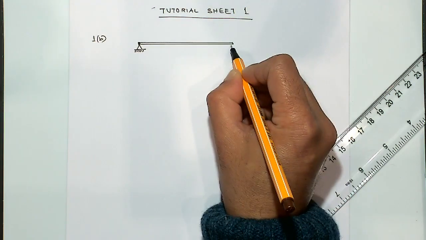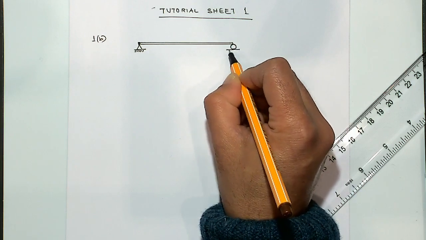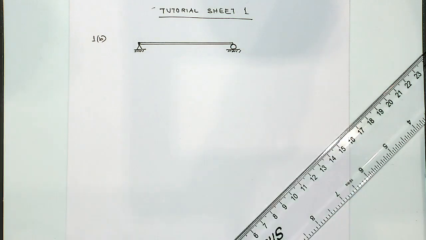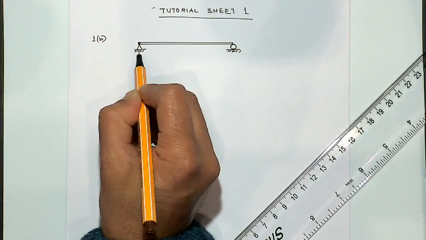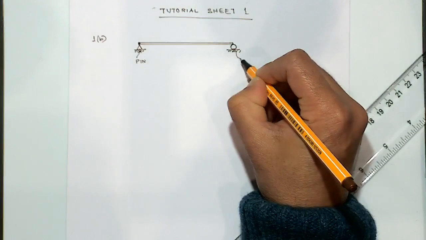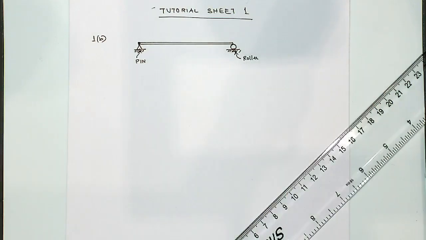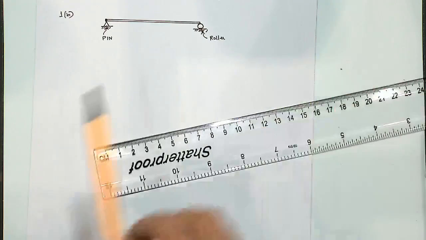Instead, sometimes for shortness or brevity, people just put a roller, showing that it's a roller support. So this is a pin support and this is a roller support. Pin support means it will not let any movement in the horizontal or vertical direction.